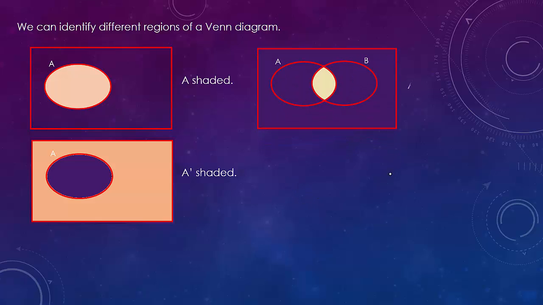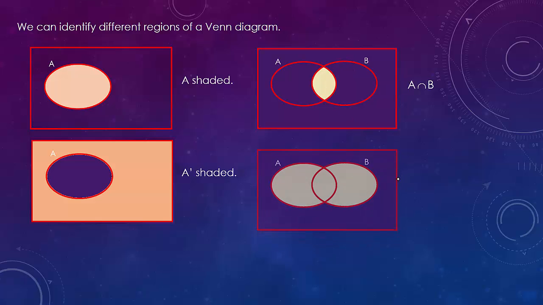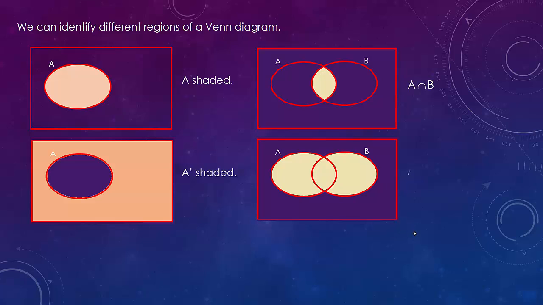Here we've shaded the intersection, those elements which are both within A and within B. And here we've shaded the union, those elements which are in A, in B, or in both.